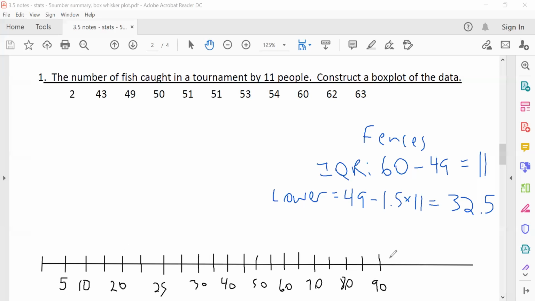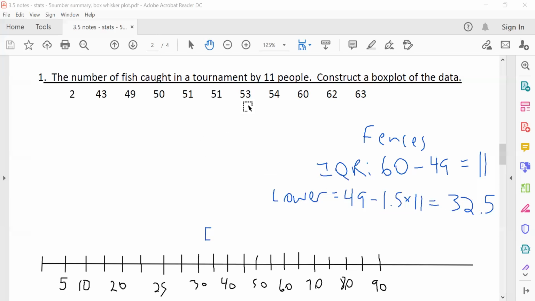There we go. Okay, so we're going to put the lower fence. I'll put it in blue. It's 32.5, so it's about right here. So I'm going to make an actual fence looking thing. I'm going to make a bracket. So that's going to be our lower fence.